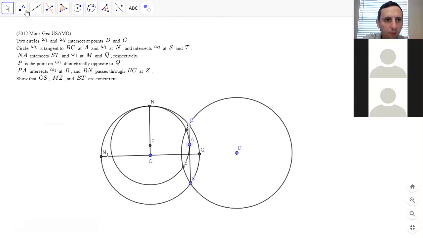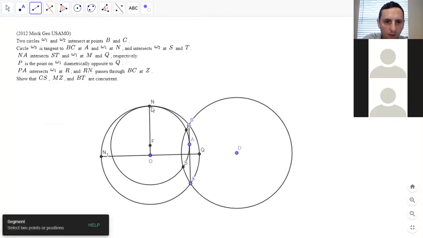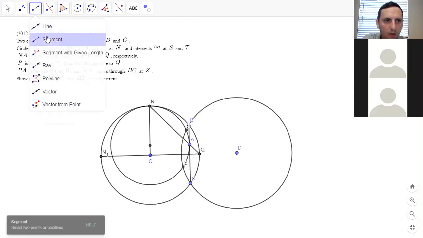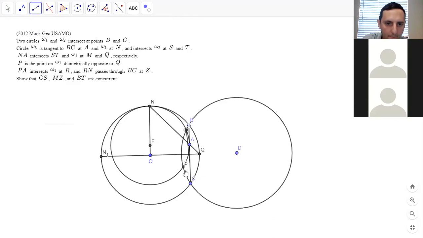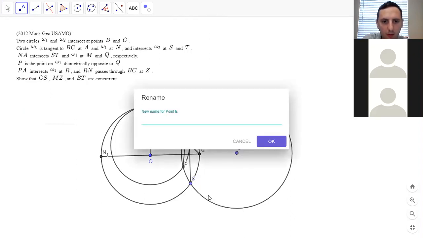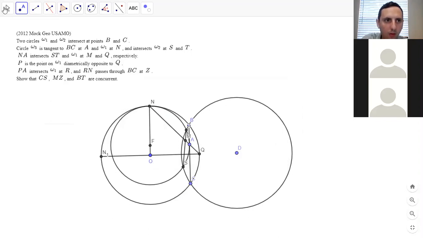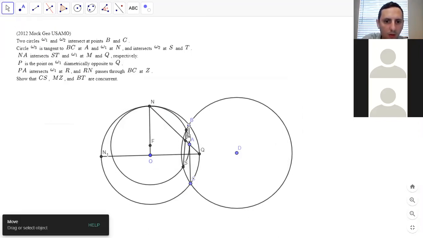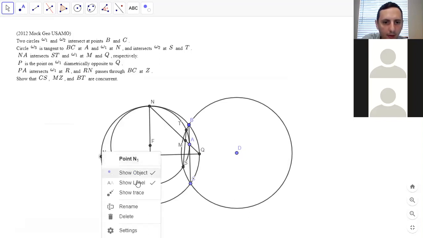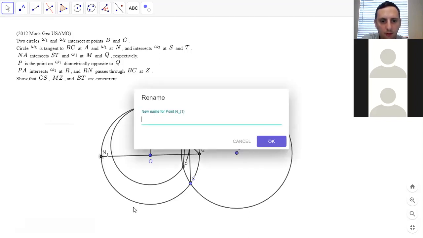We just have to draw ST. And that's point M. And P is, so this is P right here.